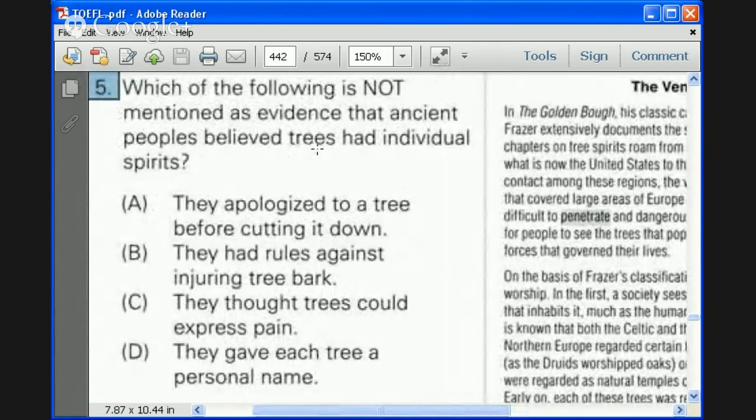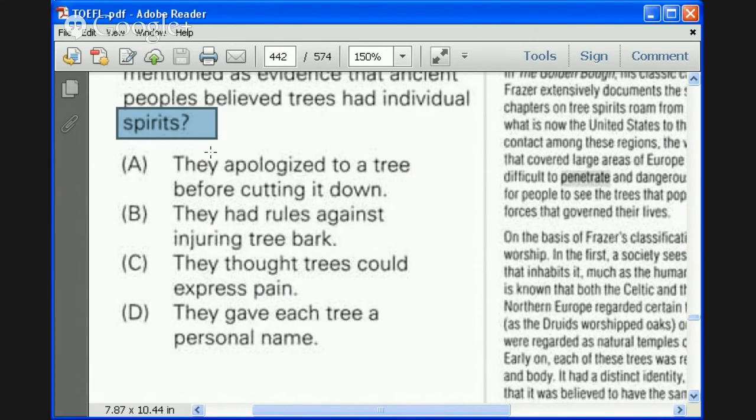All right. Which is not mentioned as evidence that ancient people believed trees had individual spirits. Trees had individual spirits was in the second paragraph. And I also remember the next paragraph was about taboos and all the things you could do.